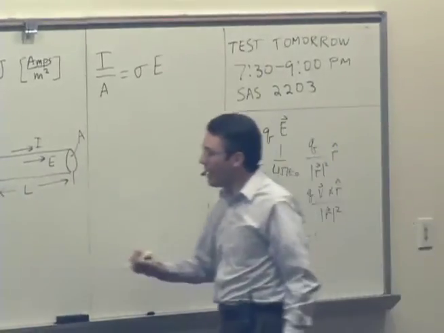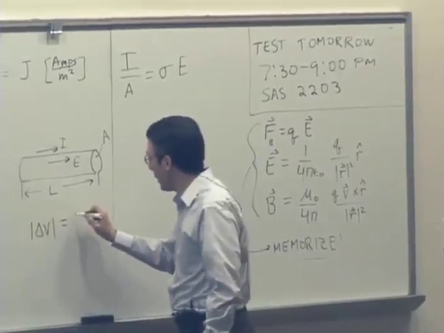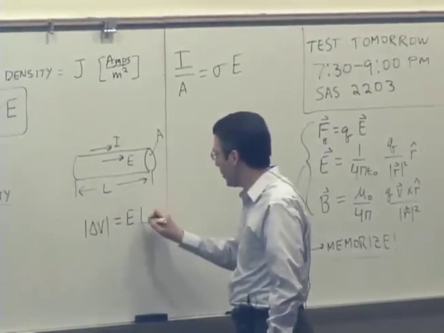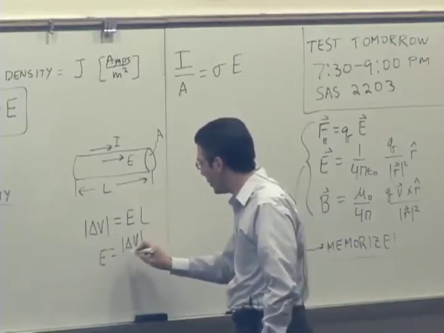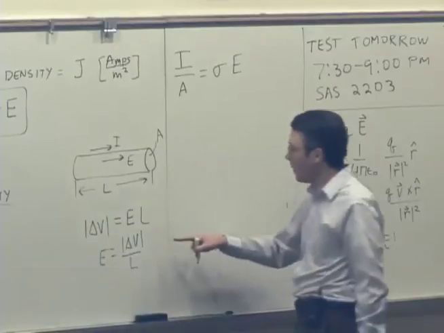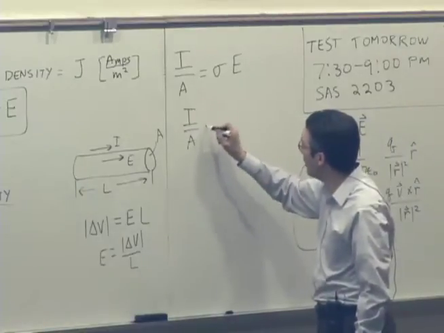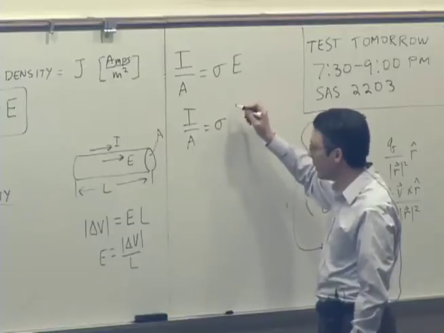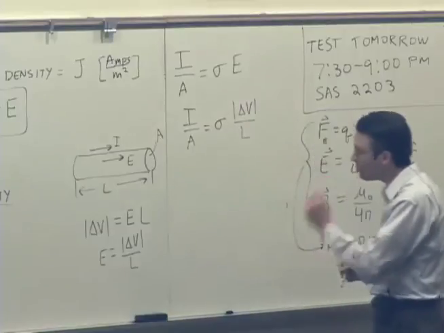The magnitude of the potential difference across the wire is going to be the electric field times the length. So I can say that the electric field is the potential difference over L. Let me plug that back into here. So I have I over A equal to sigma times delta V over L.